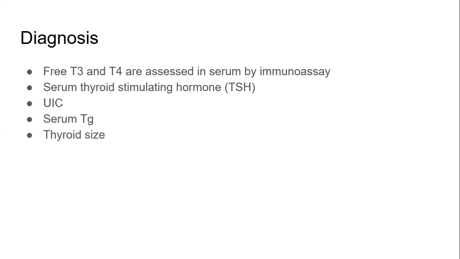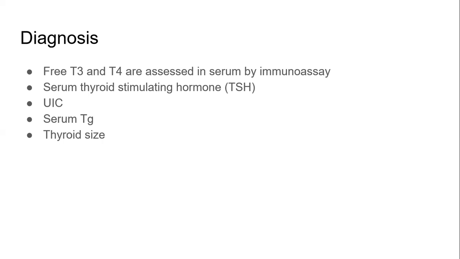You can also check the thyroid stimulating hormone. When the iodine is not available, you will have a high concentration of thyroid stimulating hormone. You can also measure urinary iodine concentration.